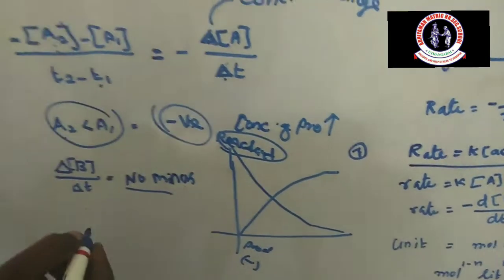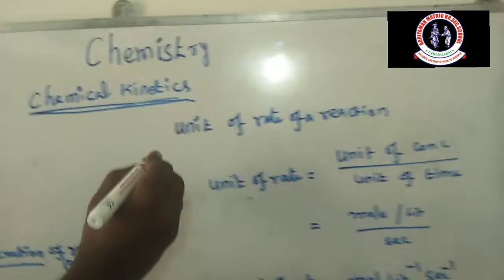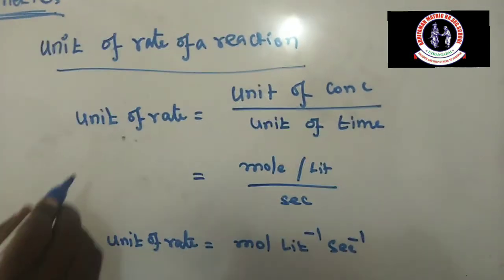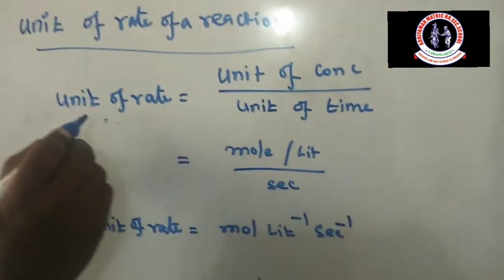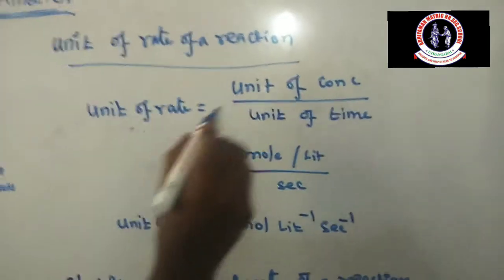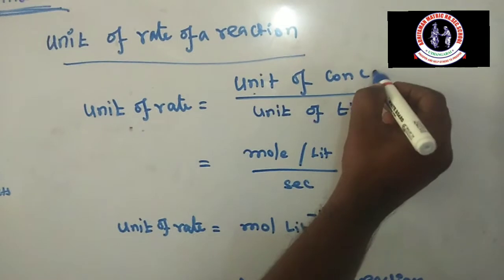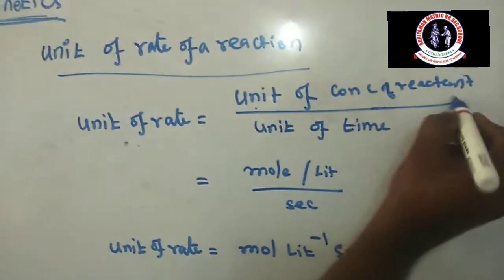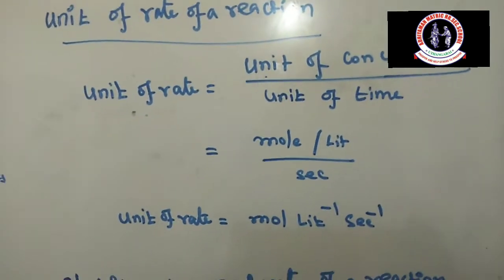Okay students, next topic, unit of rate of reaction. How will you find the unit of rate? Unit of concentration of reactant by unit of time taken.